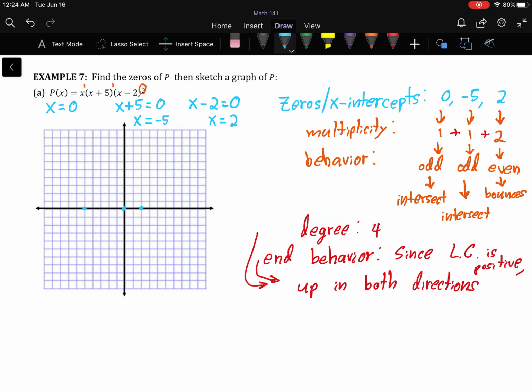And before we do, we want to pick at least one test point in between every two consecutive x-intercepts.